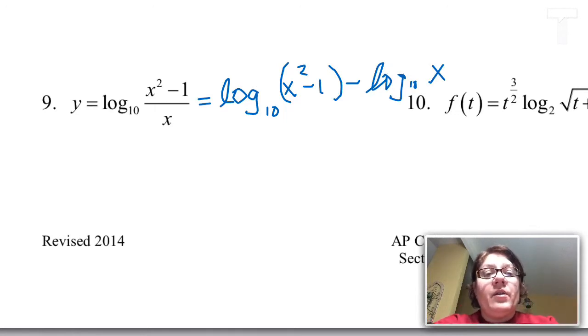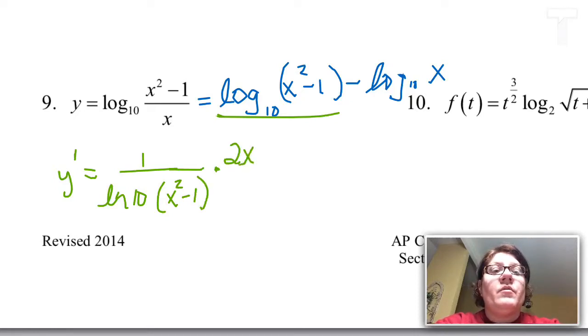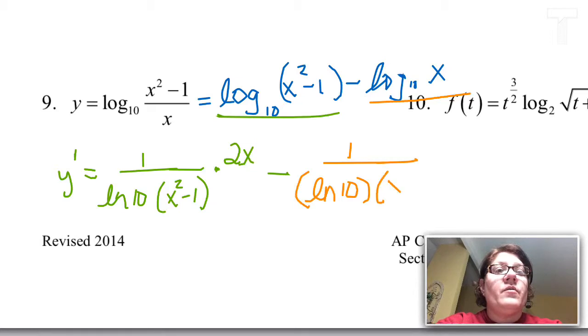So now when I take the derivative, for this first term, I want 1 over natural log of the base times the stuff times the derivative of the stuff. And then for the second part, I'll do 1 over natural log of the base times the stuff times the derivative of the stuff.